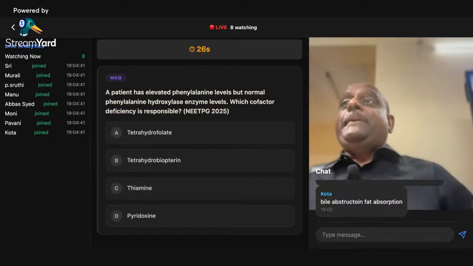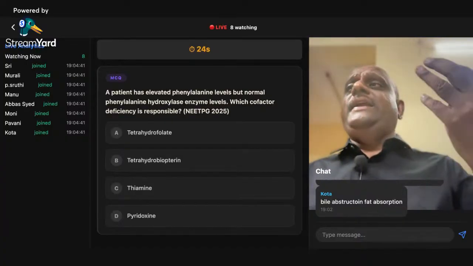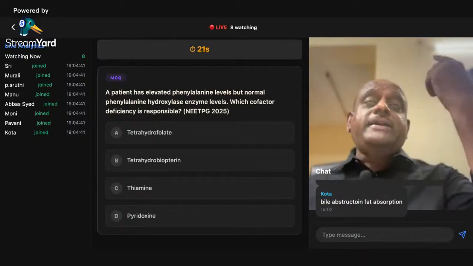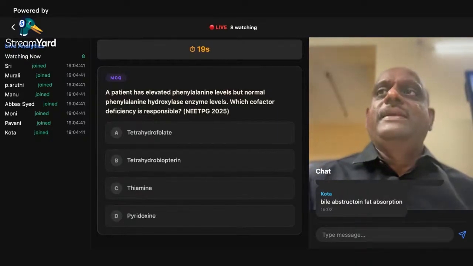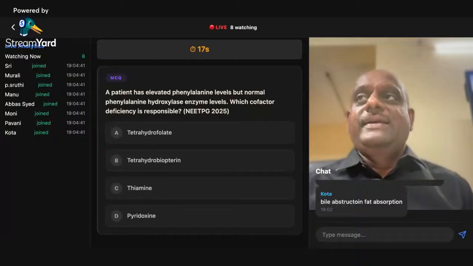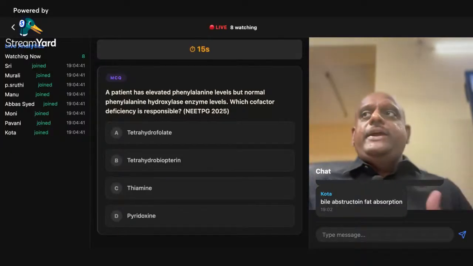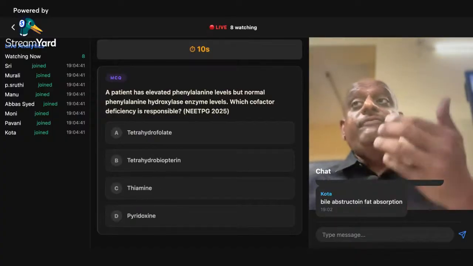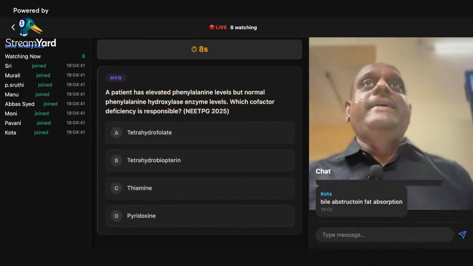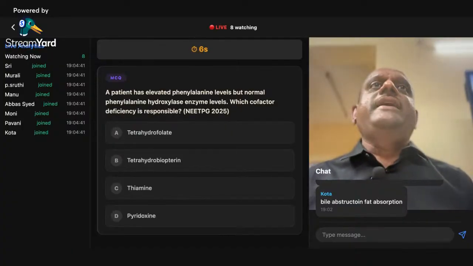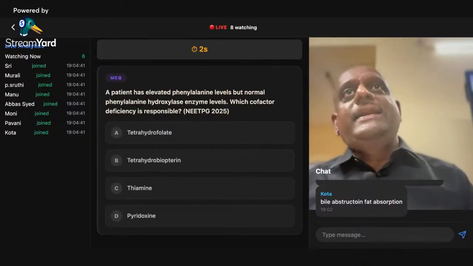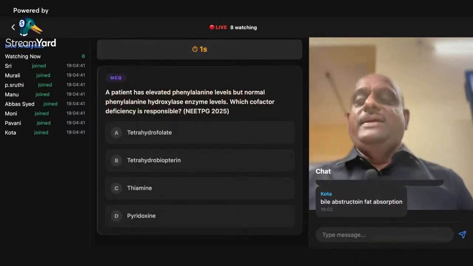Now, the patient has elevated phenylalanine but normal phenylalanine hydroxylase levels. Which cofactor deficiency is responsible? Beautiful question. If it is phenylketonuria, then phenylalanine hydroxylase levels are low. But here they are normal, yet phenylalanine is elevated. So what is the underlying cause? What else is needed for metabolism of phenylalanine in addition to the enzyme?